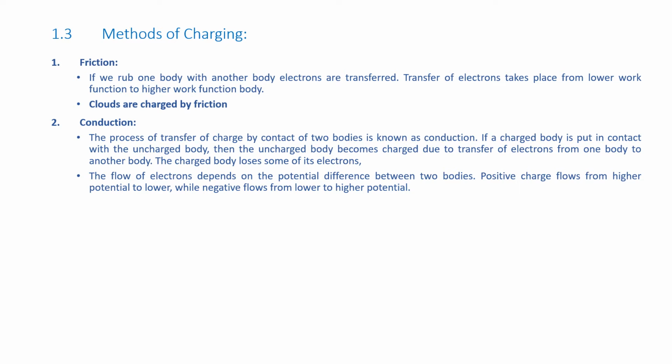The charged body loses some of its electrons. The flow of electrons depends on the potential difference of the two bodies. Positive charge flows from a higher potential to a lower potential, while negative charge flows from a lower potential to a higher potential.